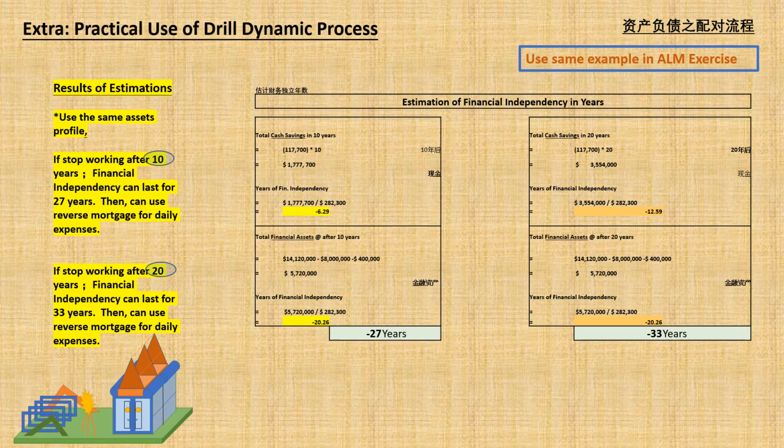That means at 77 years old, the person can still use reverse mortgage for their daily expense. If the person stops working after 20 years, that means stopping work at 60 years old, the financial independence can last for another 33 years. That means at the age of 93, the person can still use reverse mortgage for daily expense.